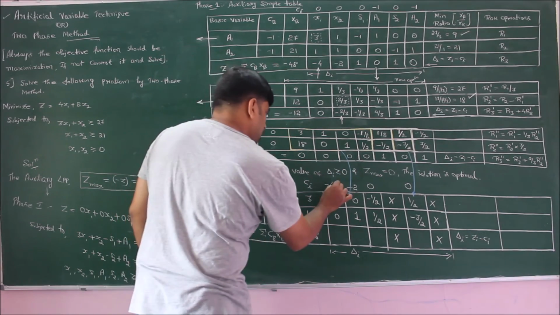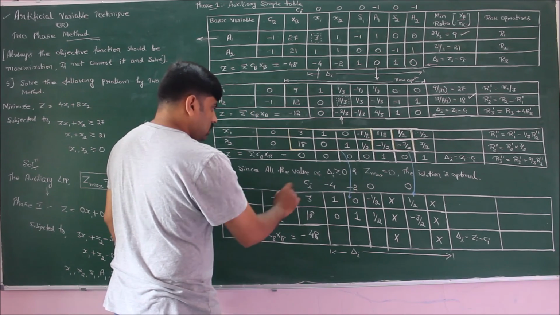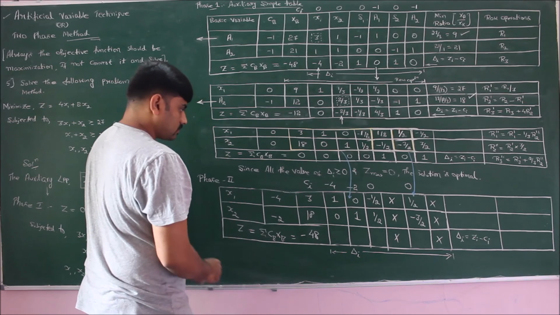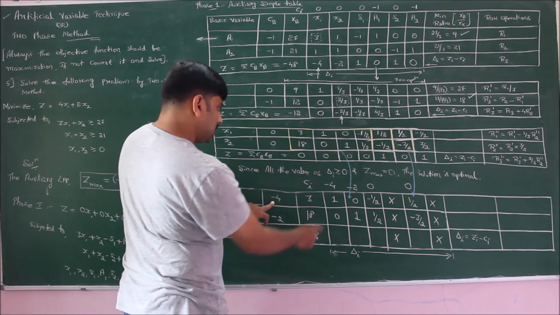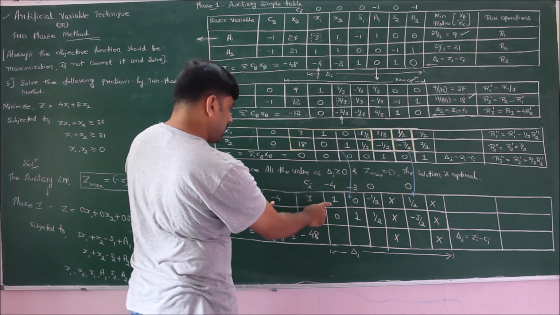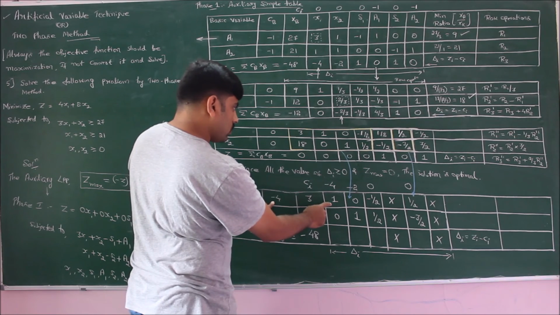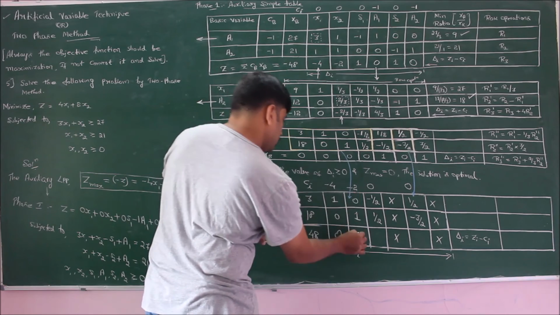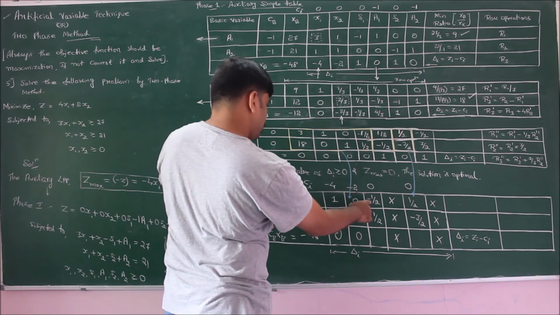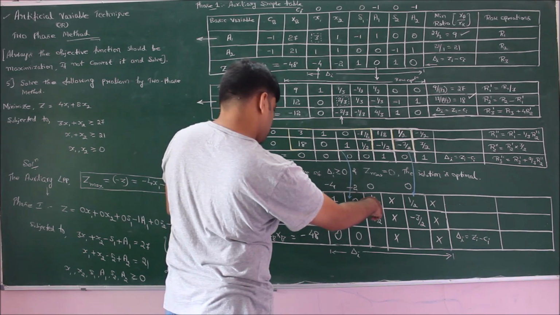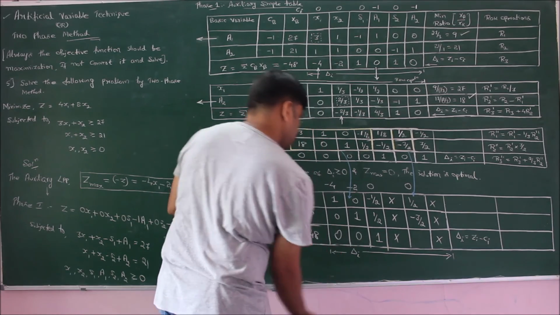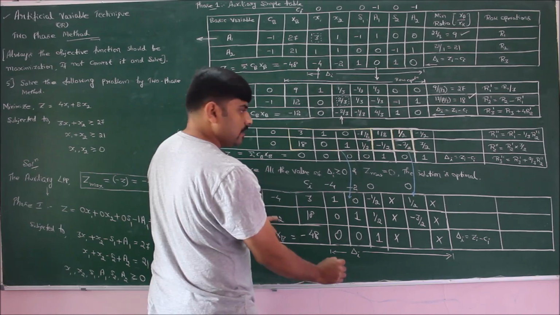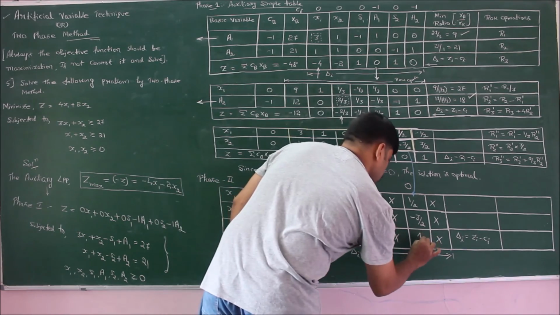Now if I calculate the actual calculation of delta I, that is minus 4 into 1 is plus 4, sorry, minus 4. Minus 4 plus 4 will become 0. Minus 2 plus 2 will become 0. Plus 2 minus 1 is plus 1. Minus 2 plus 3 is plus 1.